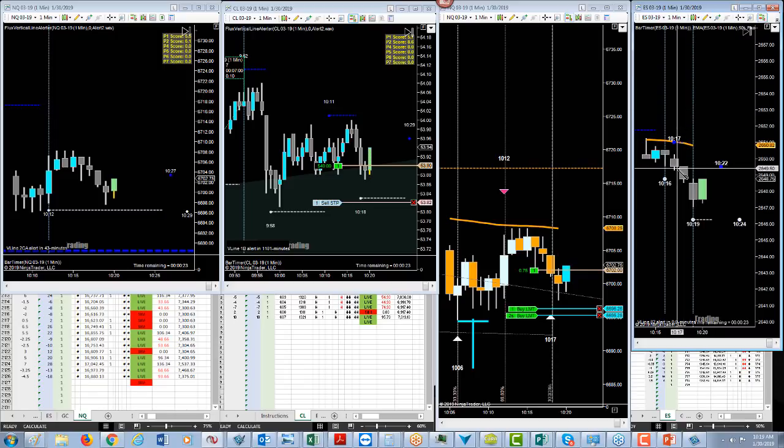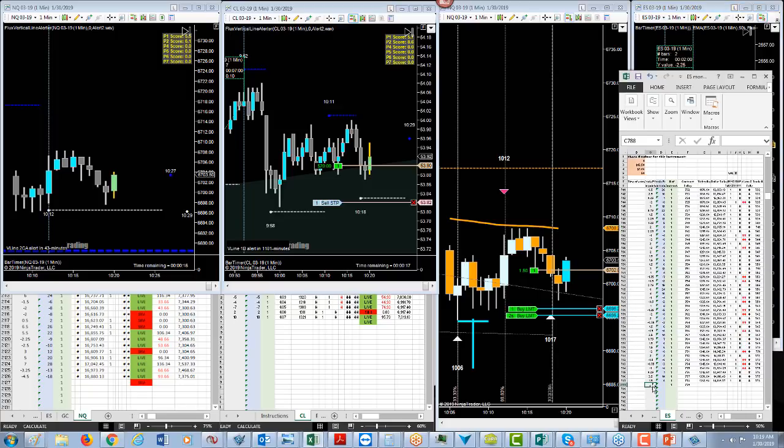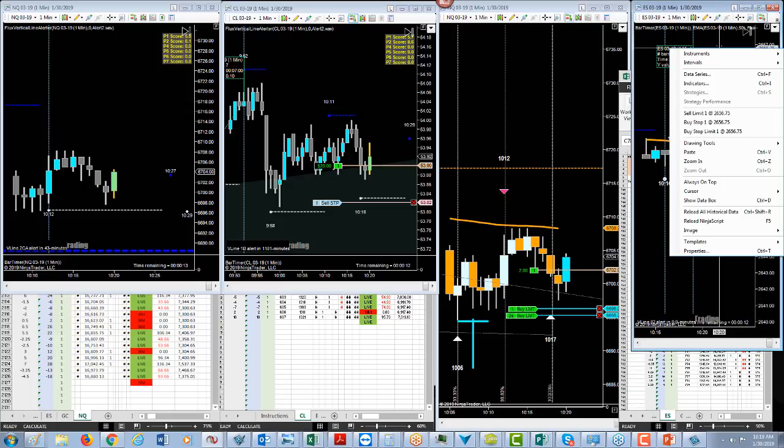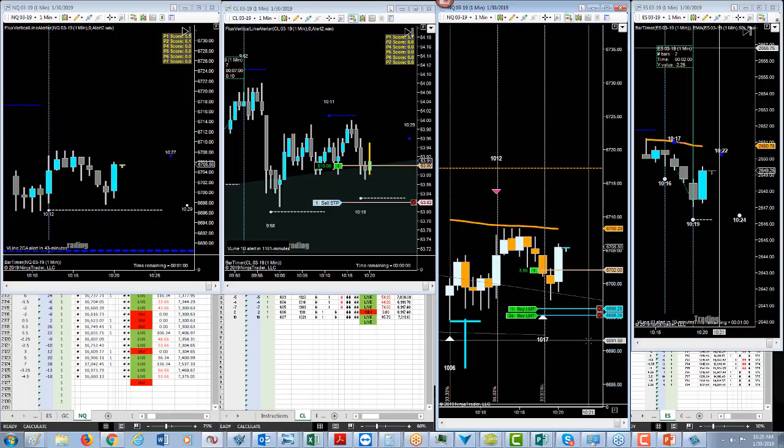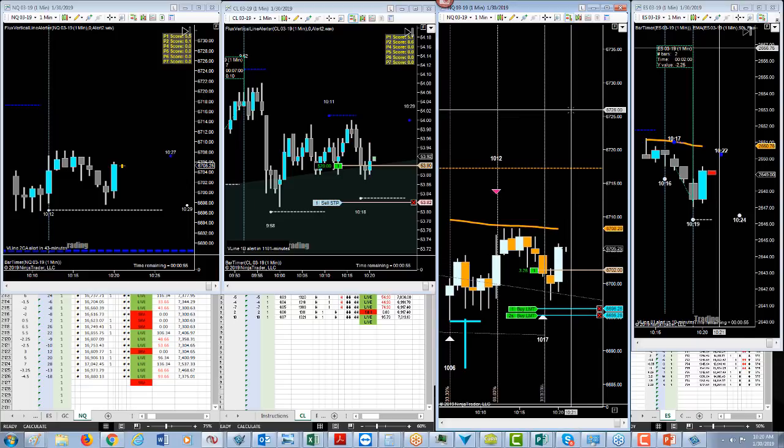After 10:30, things start to open up once they see which direction crude is going. It would be nice to get a monster runner real quick. Just see this thing explode 20 points straight up.